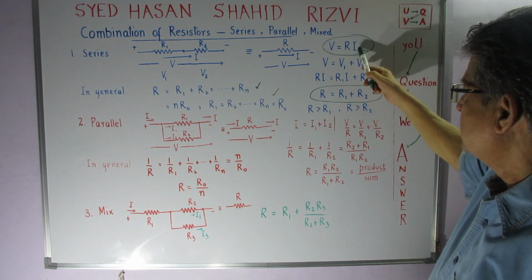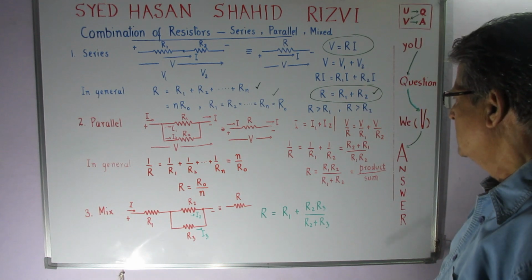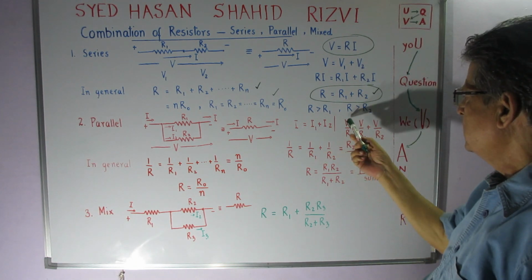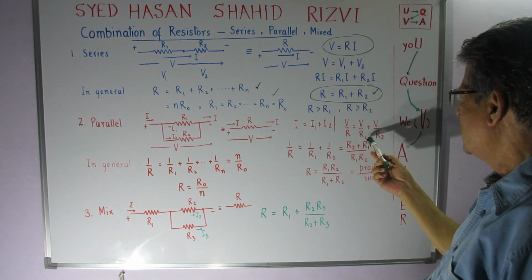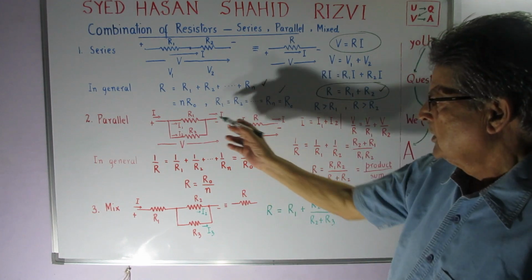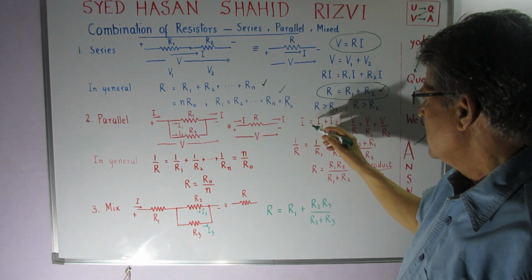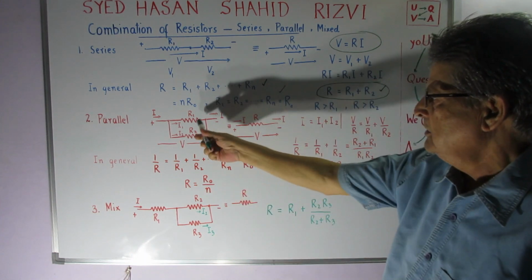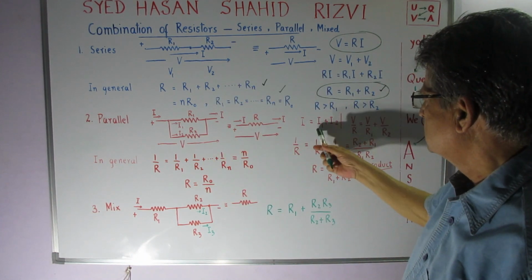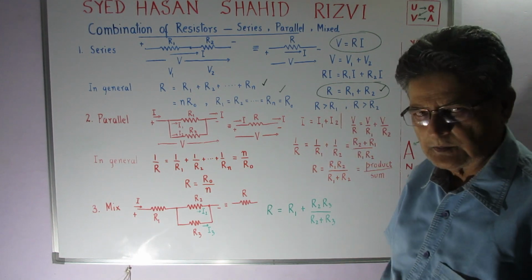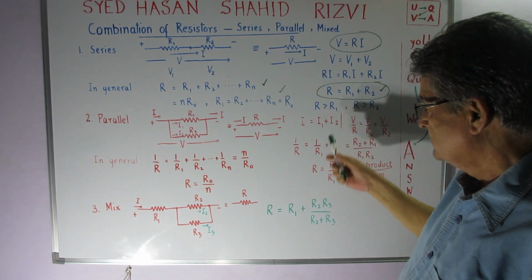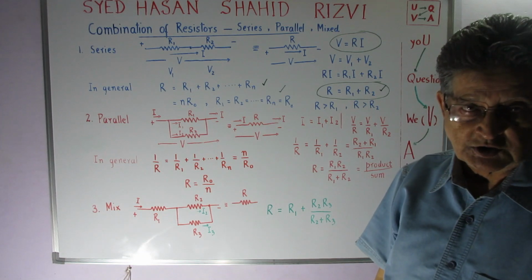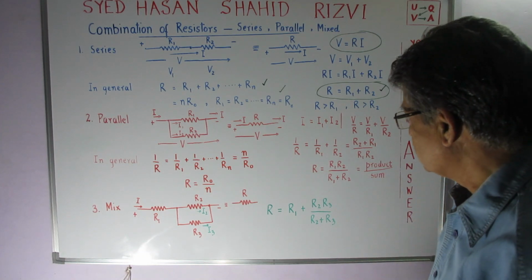And from here I can write I is equal to V upon R. We see that here we have the current I is equal to the split of the currents I1 plus I2. And this is nothing but the conservation of charge, this relation.